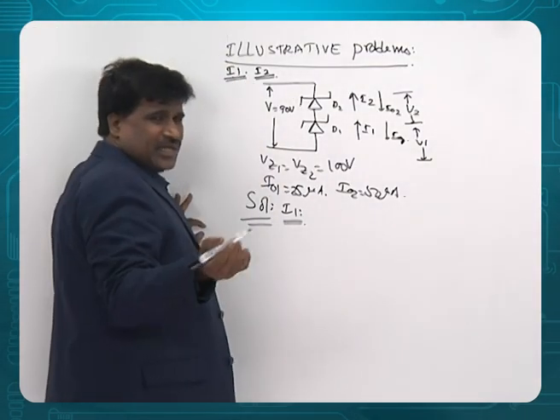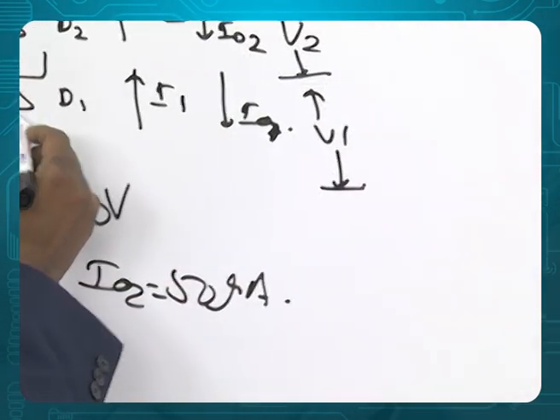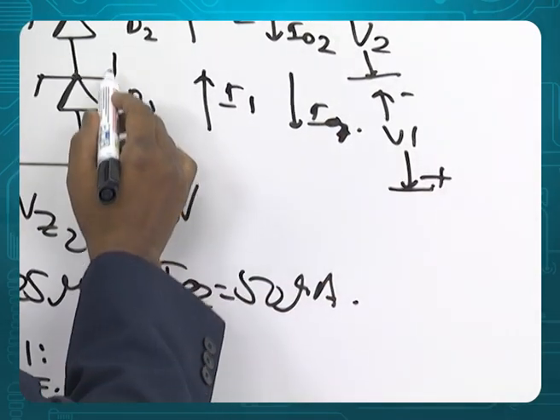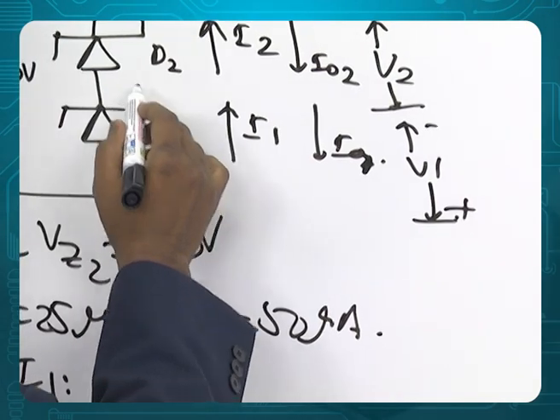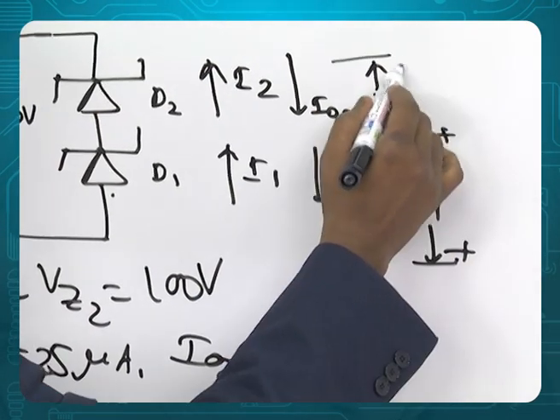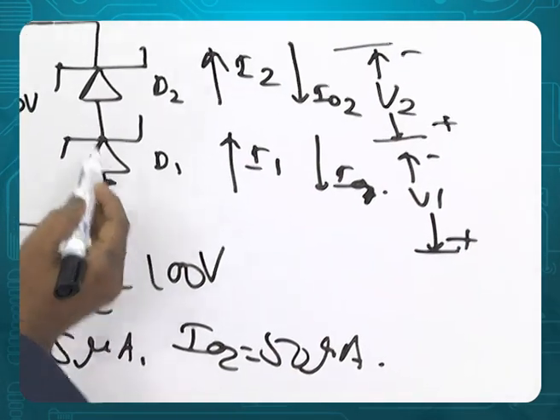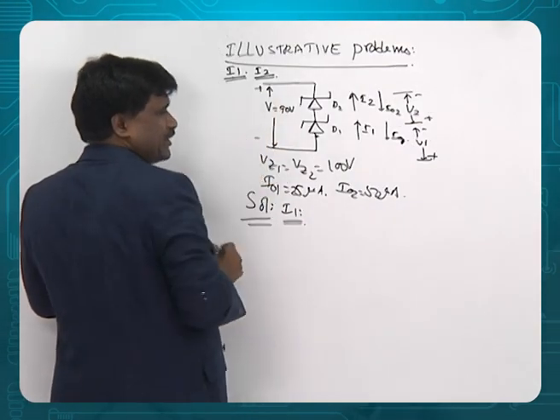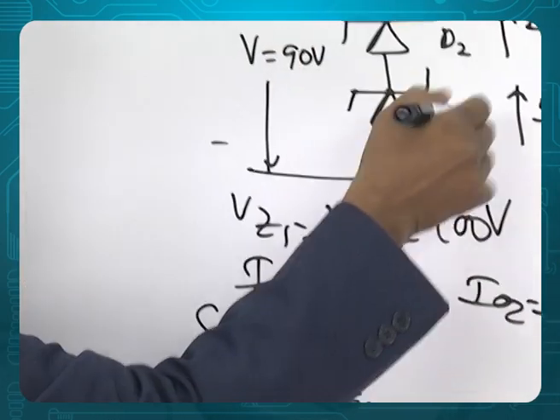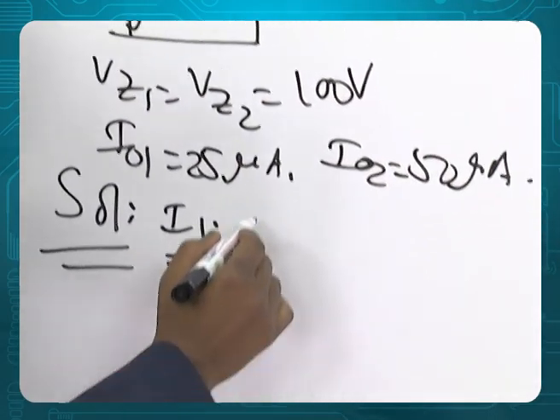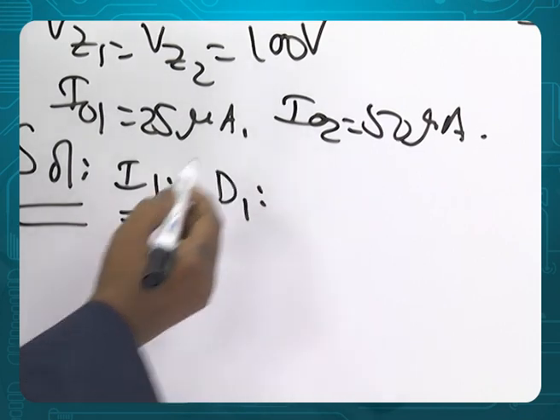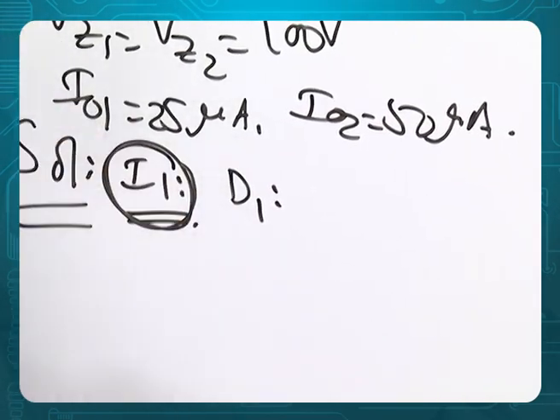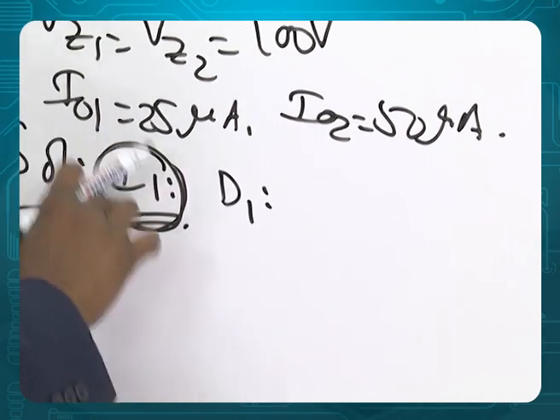There is a standard: anode is generally taken as positive, and this is given negative. So each one we have to write. For example, diode 1, this is illustrative question number 1. This is not I1, it is question number 1.